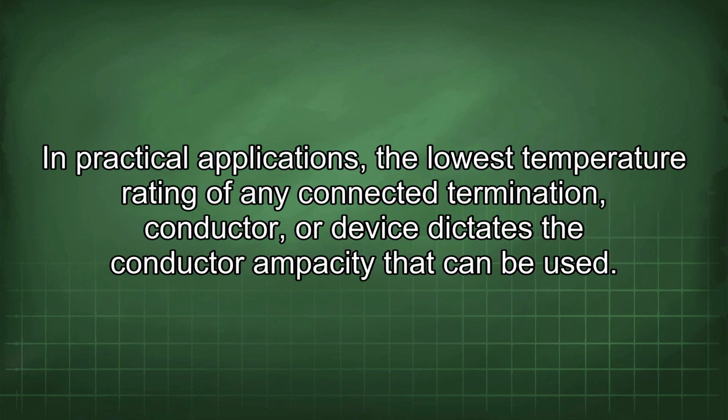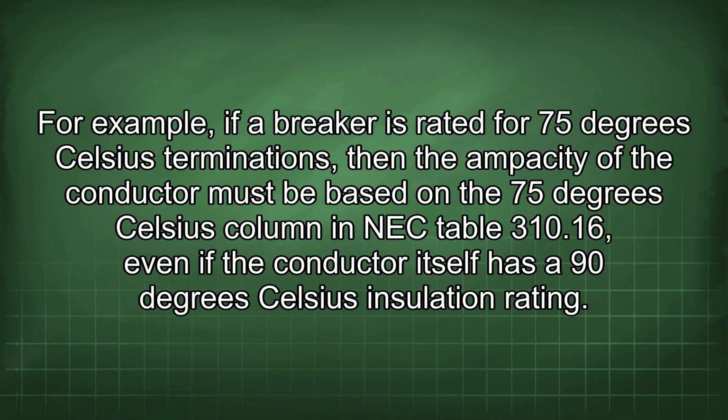In practical applications, the lowest temperature rating of any connected termination, conductor, or device dictates the conductor ampacity that can be used. For example, if a breaker is rated for 75 degrees Celsius terminations, then the ampacity of the conductor must be based on the 75 degrees Celsius column in NEC Table 310.16, even if the conductor itself has a 90 degrees Celsius insulation rating.